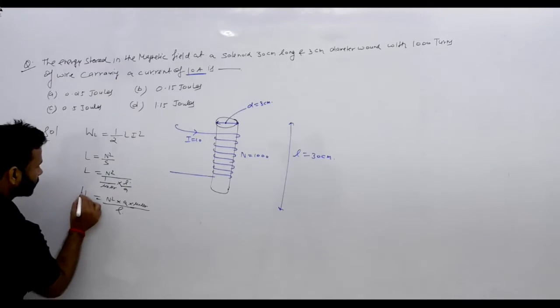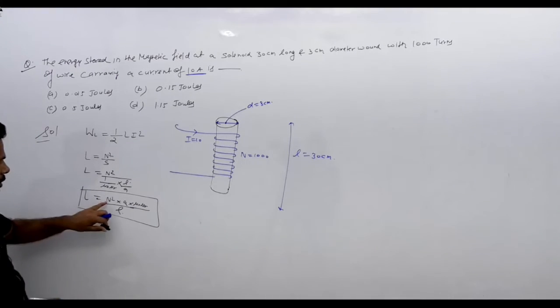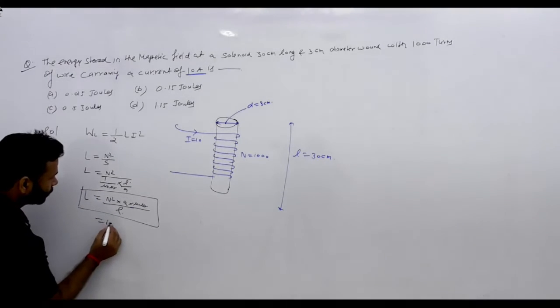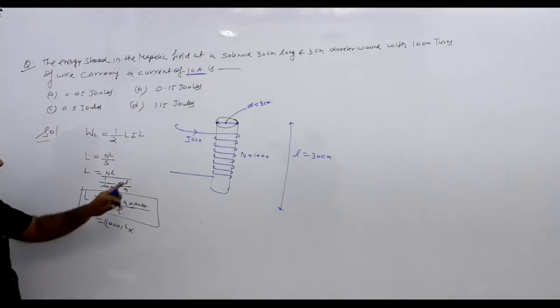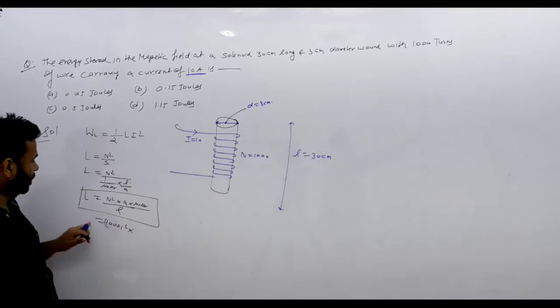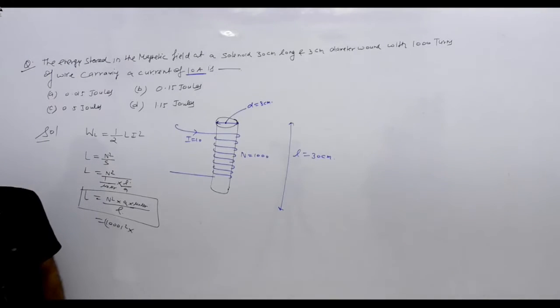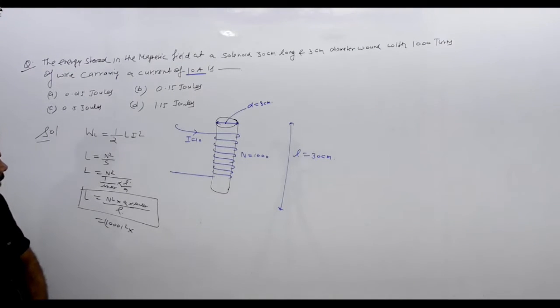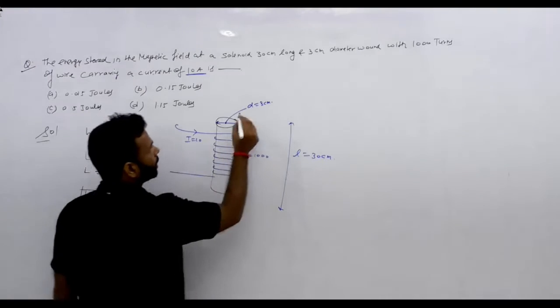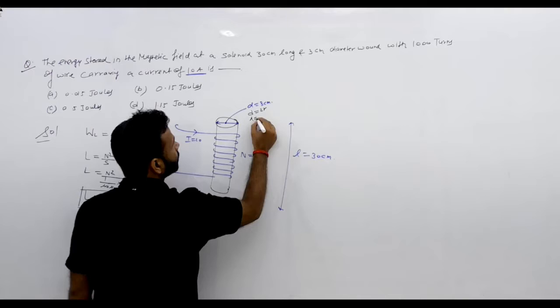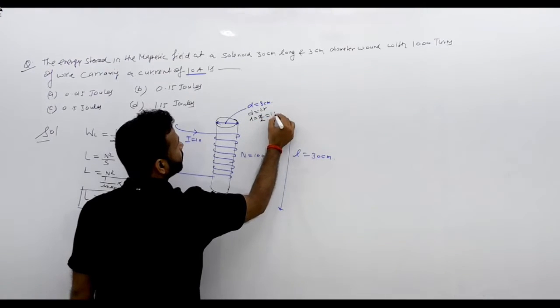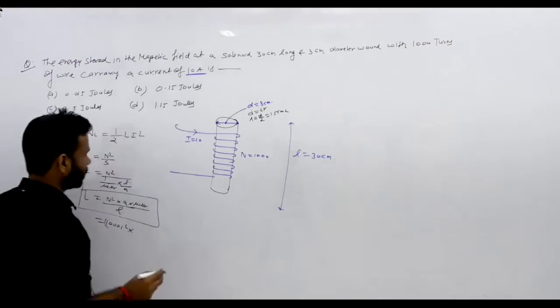Number of turns is 1000, so 1000 square, and the area you have to take in meters, so that the unit is Henry. To calculate the area, first take the radius. d equals 2r, so r is d by 2, that is 1.5 centimeter. So area is pi r square.